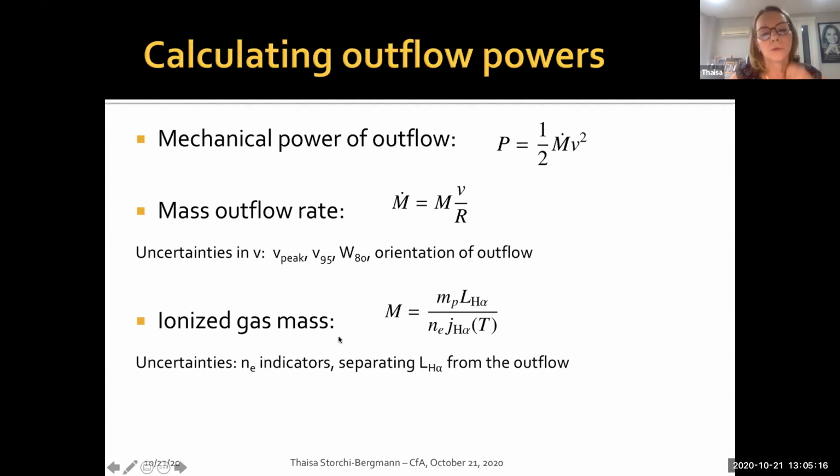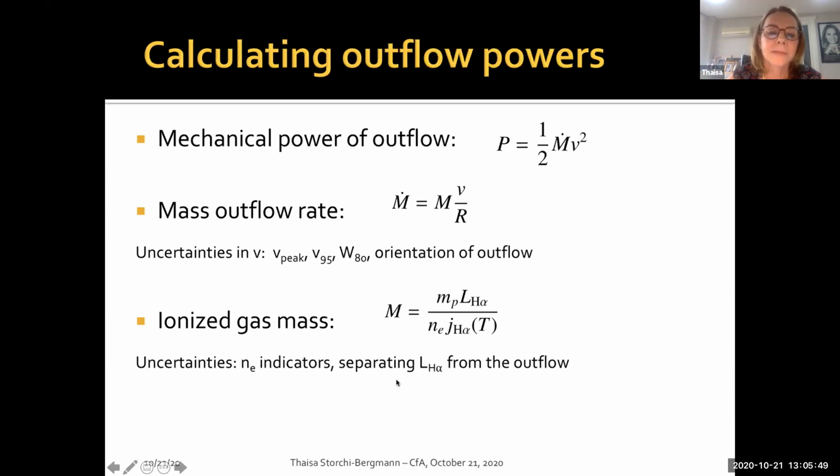And then the mass of the gas is proportional to the H alpha luminosity. Usually we use H alpha, and it is inversely proportional to the density of the gas. And the density of the gas has many uncertainties because you have several indicators, but to be sure which is the density of the gas that is outflowing is a problem.